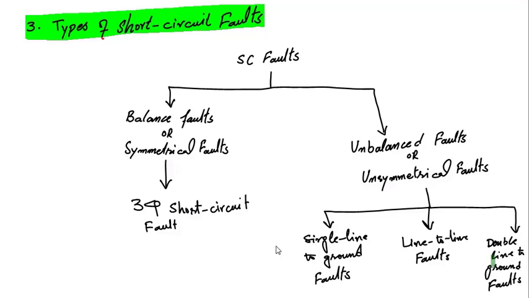Three-phase fault is the most severe fault, and line to line fault is the rare fault. So here I have told you about the statistical occurrence and the severity of these faults. Further, in short circuit analysis, we calculate the three-phase fault, single line to ground fault, line to line fault, and double line to ground fault currents.